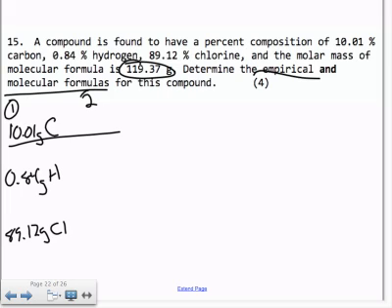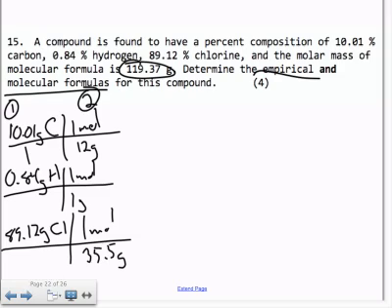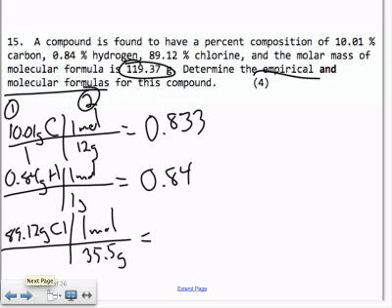Step 2, convert to moles. 12 grams for carbon, 1 gram for hydrogen, 35.5 grams for chlorine, which gives us 0.833 for carbon, 0.84 for hydrogen, and 2.51 for chlorine, and that's moles for each of those elements.